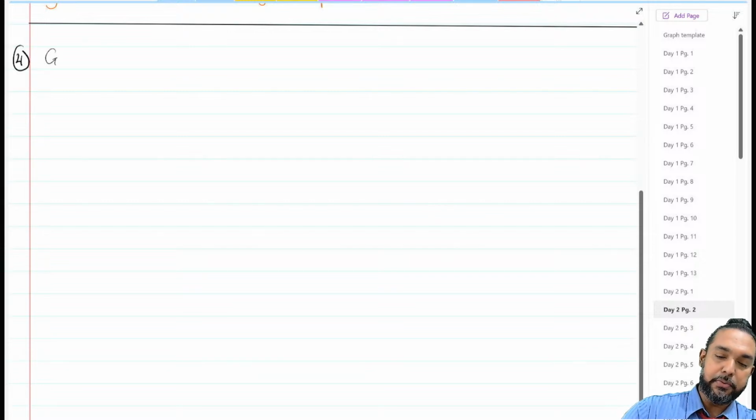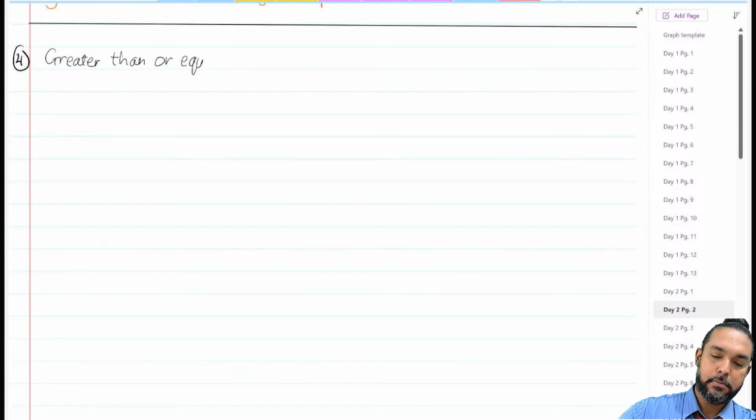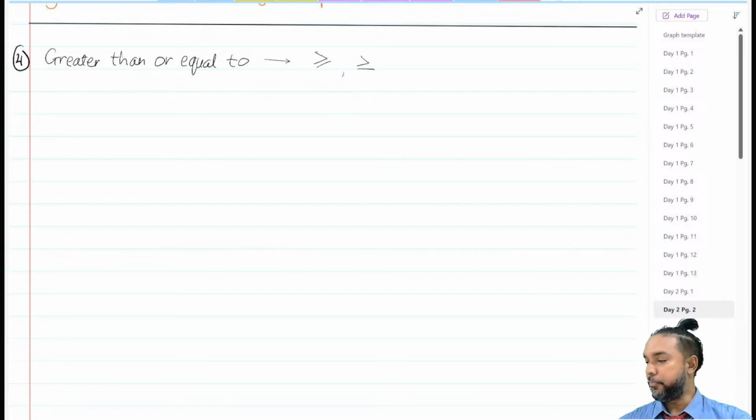Right, so this one is greater than or equal to. The symbol here is greater than or equal to, or you could do it more flat like that.